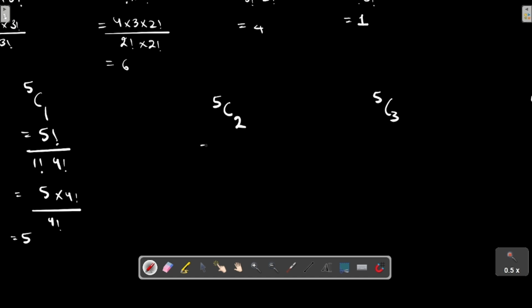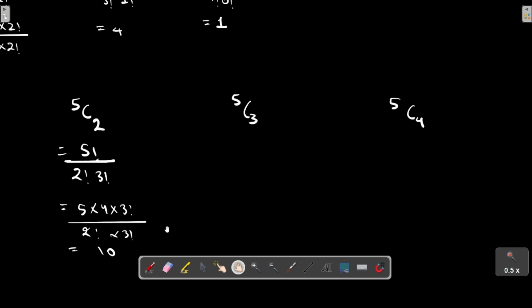5C2, it's 5 factorial upon 2 factorial, 3 factorial. So that's 5 times 4 times 3 upon 2 factorial times 3 factorial, and that's your 10. Right? Then 5C3, that's your 5 factorial upon 3 factorial, 2 factorial.